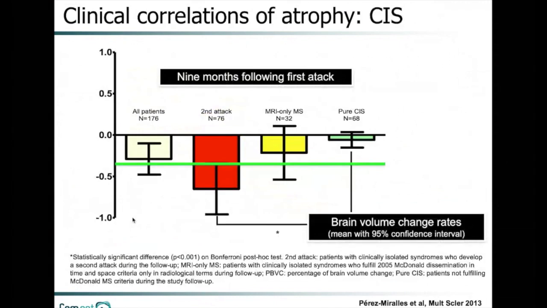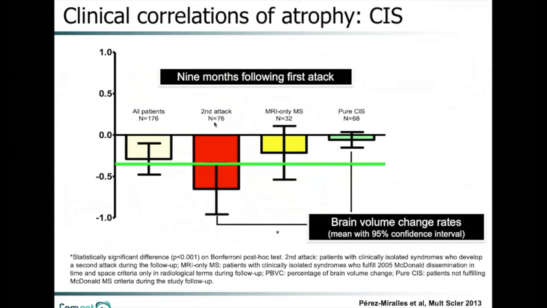In this study that we performed using the CIS cohort in our center, we scanned the patients at baseline, a few weeks or less than 3 months after the first episode of neuritis, myelitis, whatever. And then we rescanned these patients 9 months later. And you can see here in all patients the amount of brain volume loss after these 9 months.